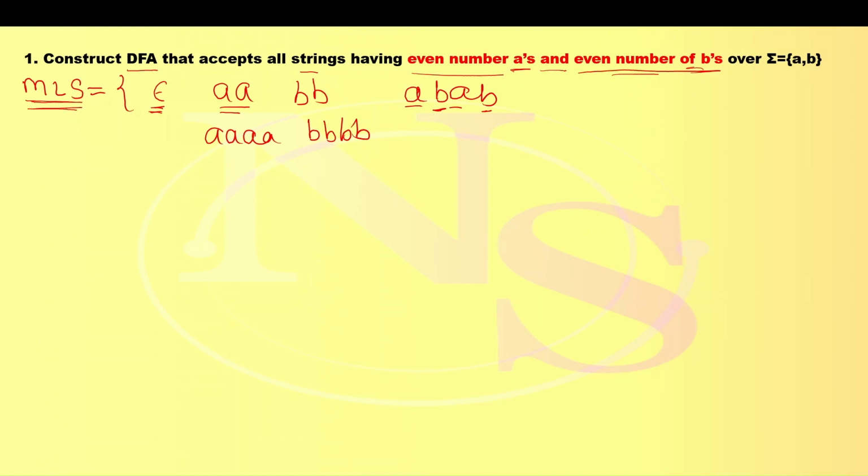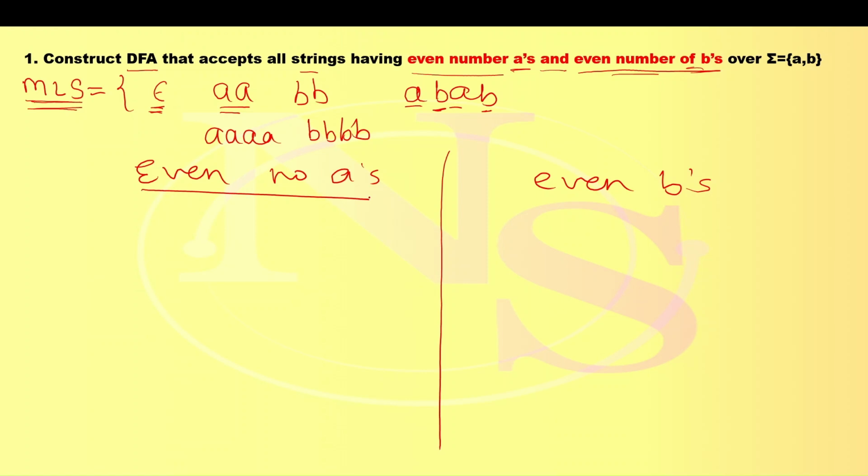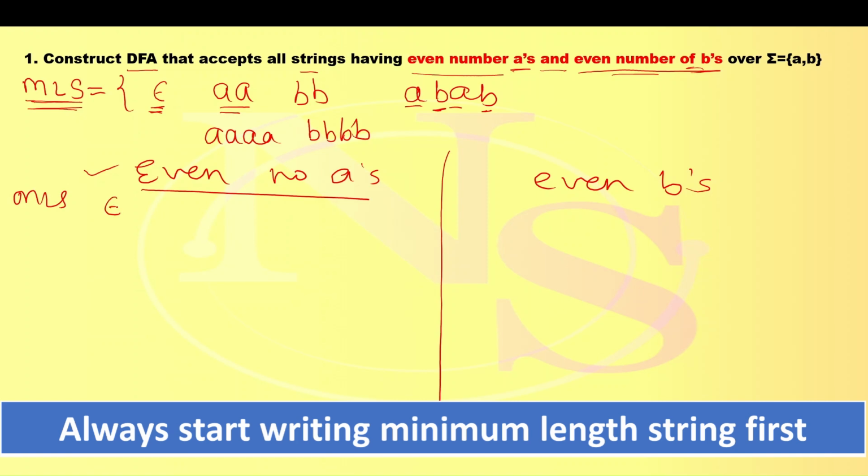The first sub question will be for even number of A's. So let's think how we can design a DFA for even number of A's, and in the second part for even number of B's. We have also seen this question separately for even number of A's in my previous video that we can repeat here. When I say even number of A's, what are the minimum length strings? Epsilon, for example, 0 number of A's, valid.